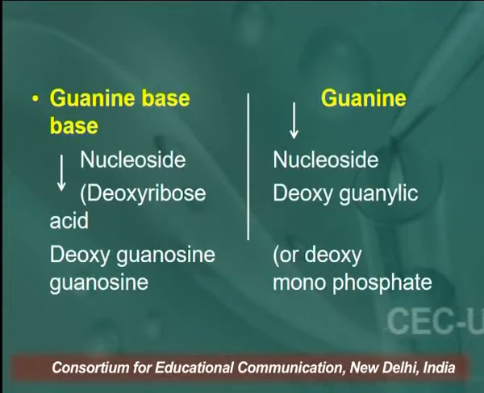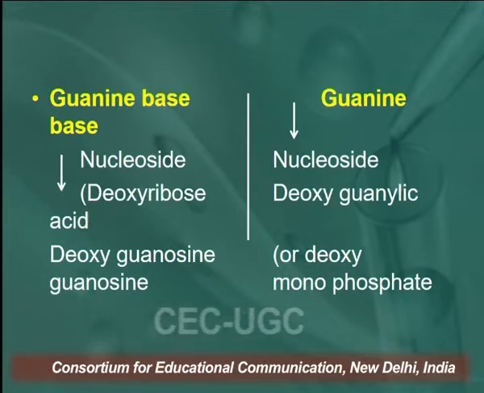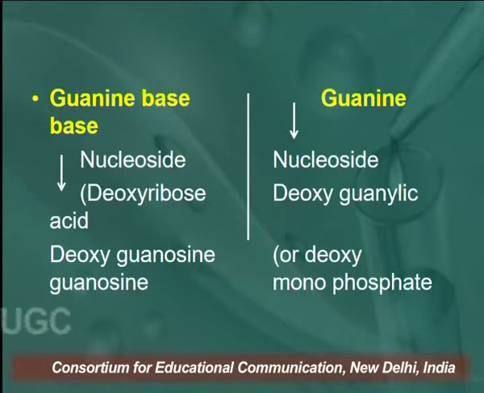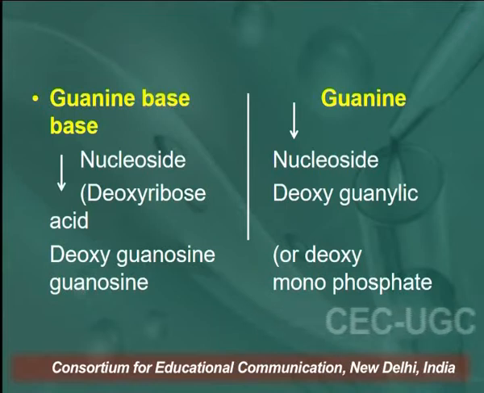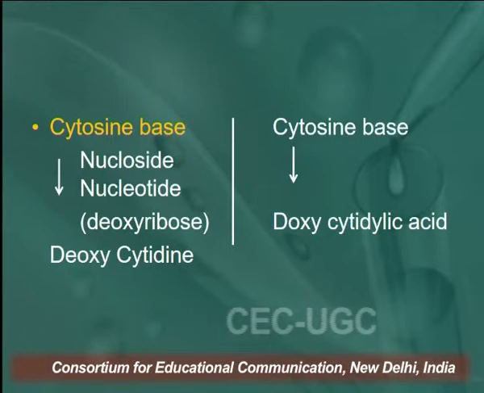Next, if the purine base is guanine and it is a nucleoside with deoxyribose sugar, we call it deoxyguanosine. And if it is a nucleotide, we call it deoxyguanylic acid or deoxyguanosine monophosphate.